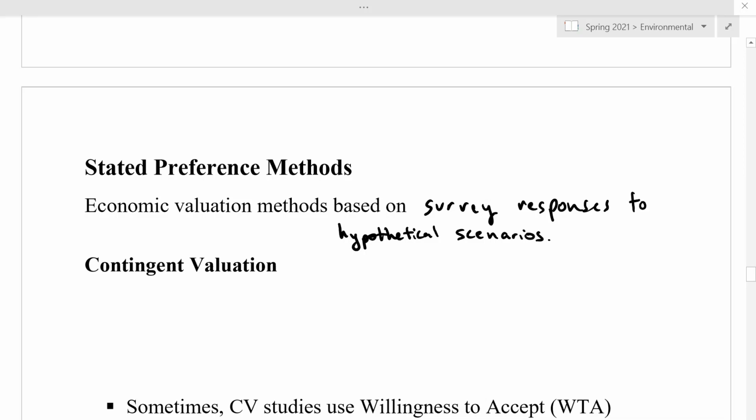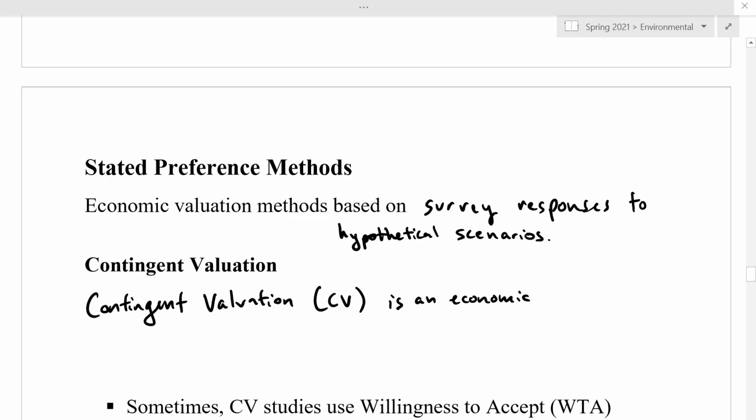Contingent valuation, or CV for short, is an economic tool that uses surveys to question people regarding their willingness to pay for a good.